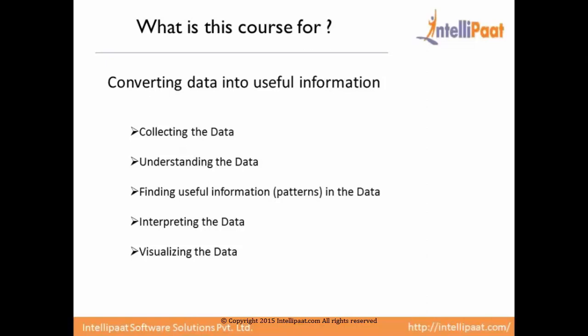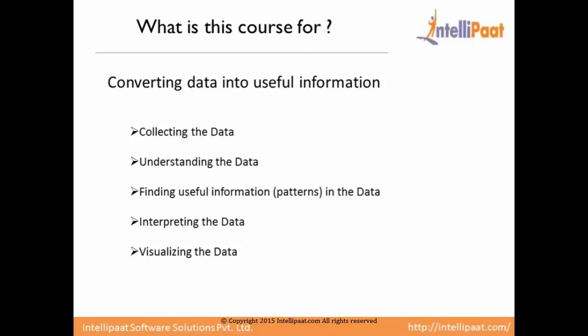Because this data contains a lot of information about the customers, about the activities, and about whatever information we wanted to have. Before we jump on to solving any business problem, we have to first consider what kind of data we have collected so far, and what information is embedded inside that data.